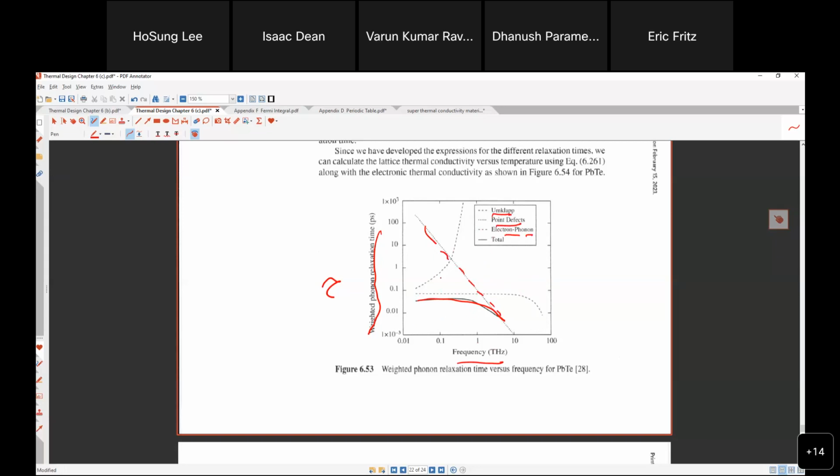So these three follow Matthiessen's rule, okay? The total combined is the summation of all the individual ones. This is Matthiessen's rule.